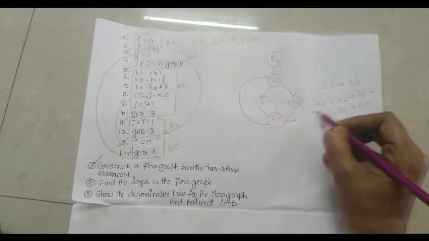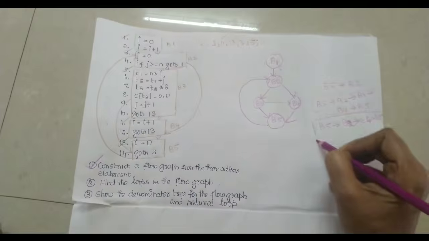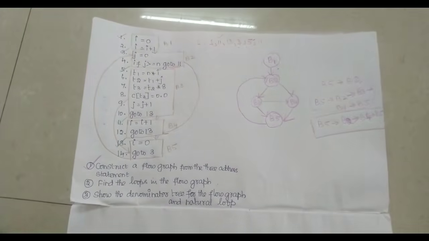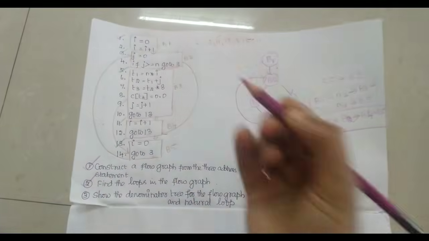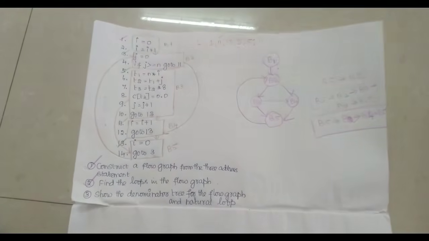So these are all the set of loops that you can get in this flow graph. So we have solved the second problem also.